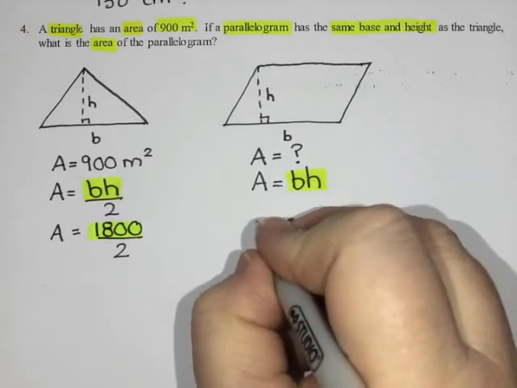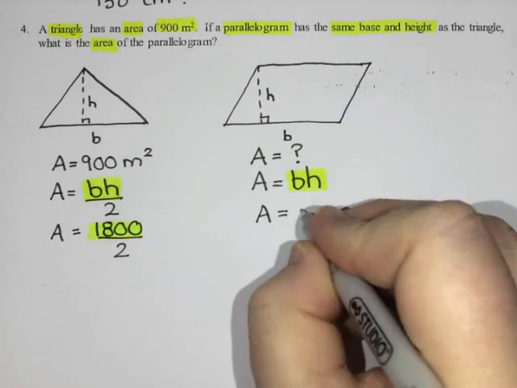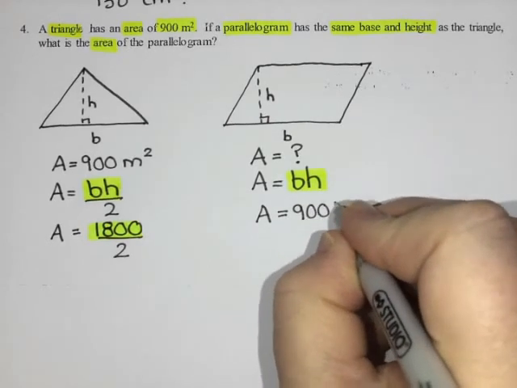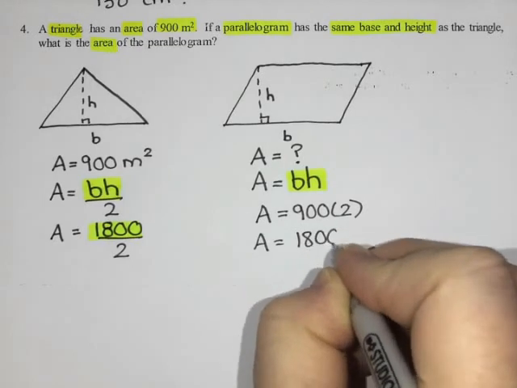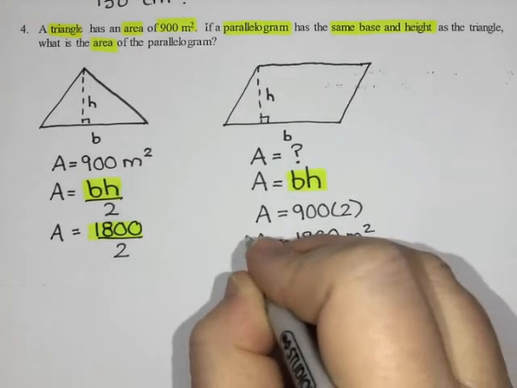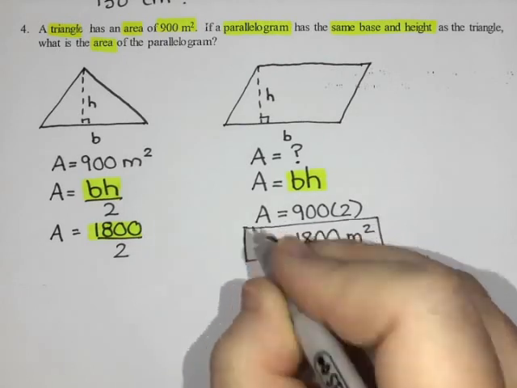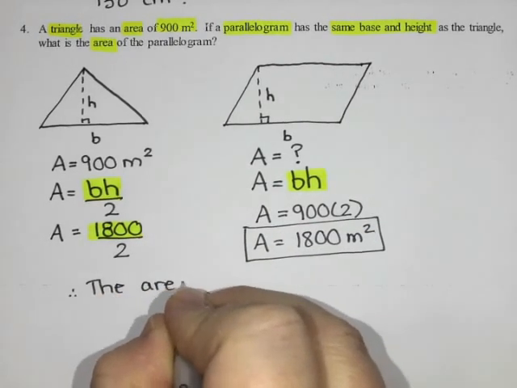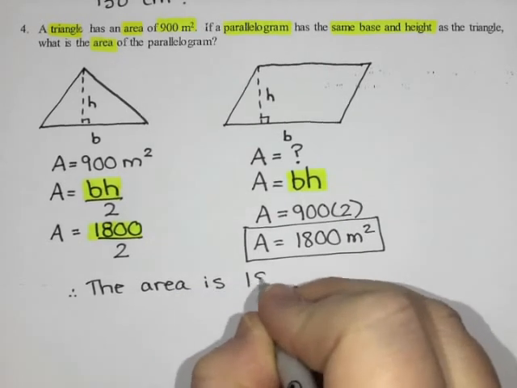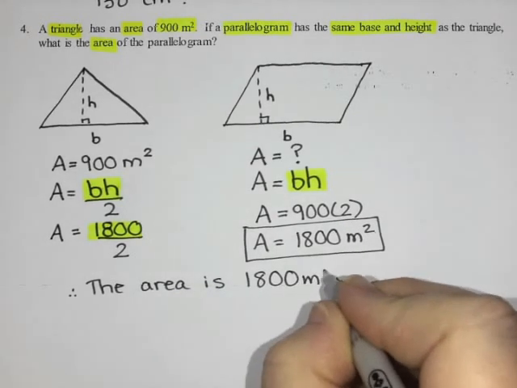So the area here was really just 900 times 2, which was 1,800 meters squared. So the area is 1,800 meters squared.